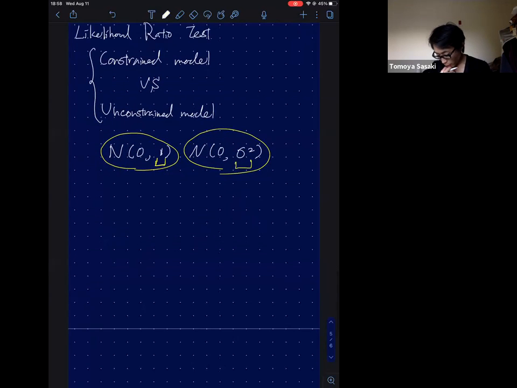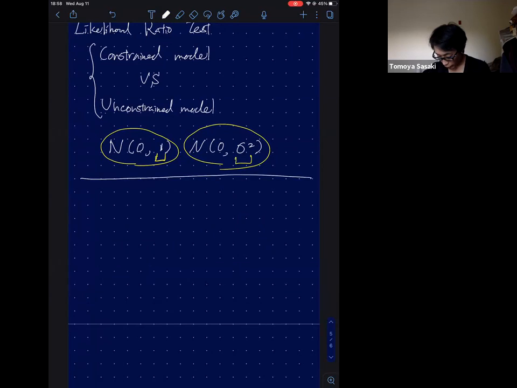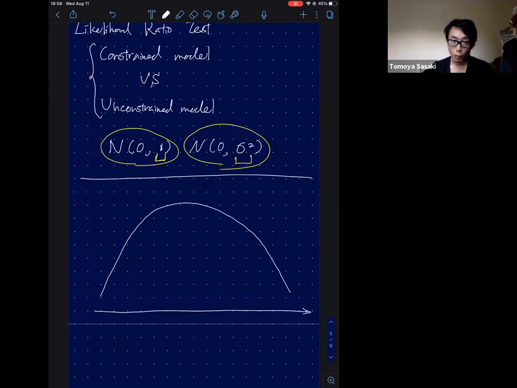I just want to mention one more thing, which is a conceptual, or illustrative, issue of the likelihood ratio test, especially compared to Wald's test. So this is the log likelihood. Let's say this is the true log likelihood.